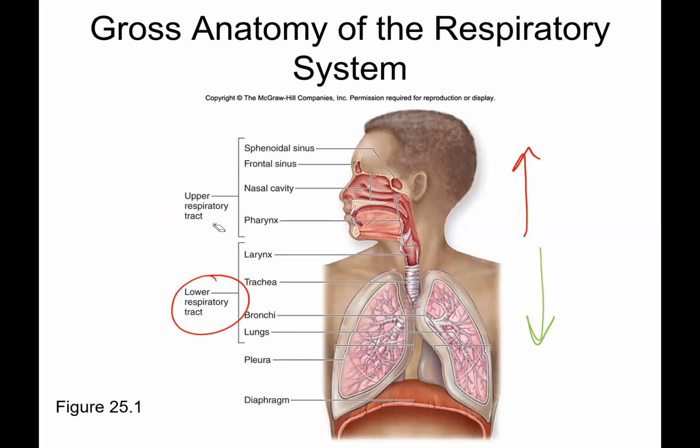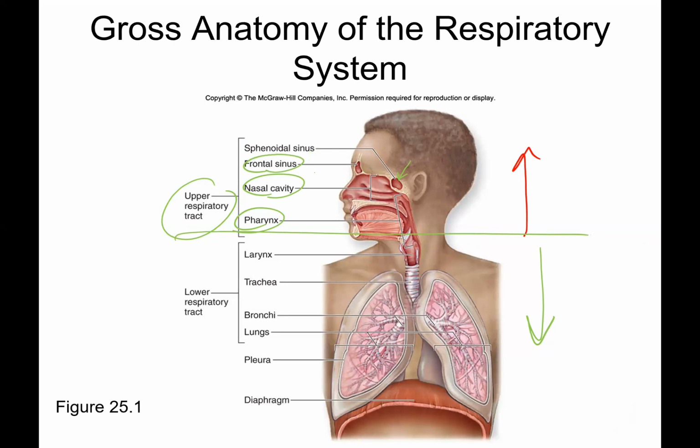Okay, so starting from the top with us upper, okay, this particular slide does break it down nicely, okay, where the upper respiratory tract parts are. So we have the sphenoid sinus, okay, because it's located in the sphenoid bone, or the sphenoidal sinus.